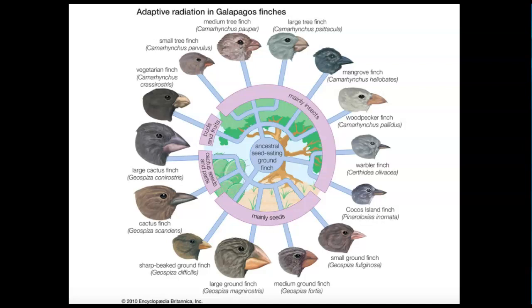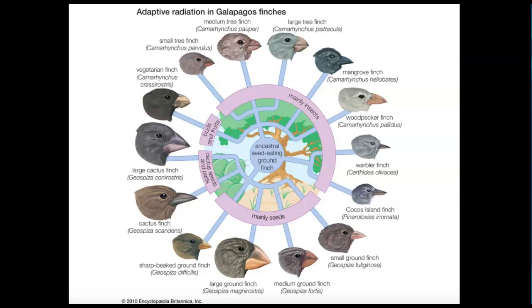So the Galapagos Islands are located off the coast of South America, and they have an ancestral seed-eating ground finch that lives on mainland South America. And over time, individuals from that mainland population were able to make it to the Galapagos Islands and found new communities there. The different islands within the Galapagos Islands have different environments.